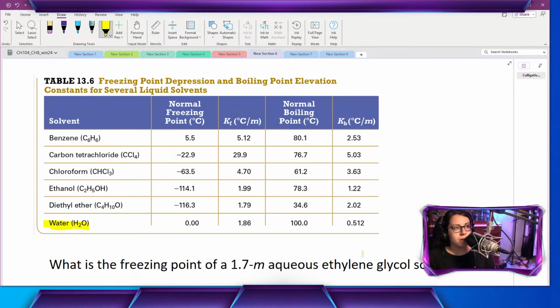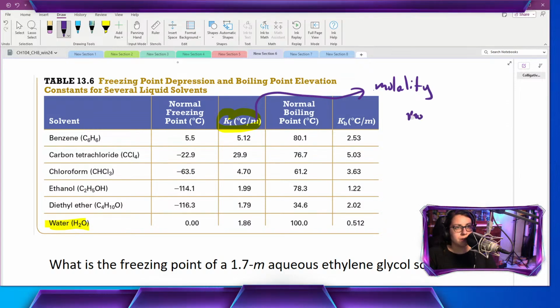So let's say for water, so now let's focus on water. So it's Kf, so that, again, is for freezing and melting. So it's 1.86 degrees Celsius per molality. So note that all these ones are molality.